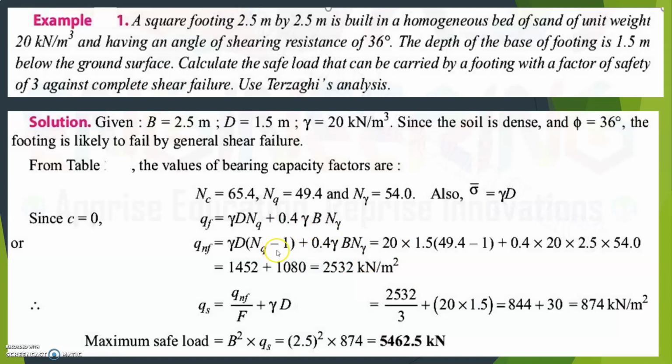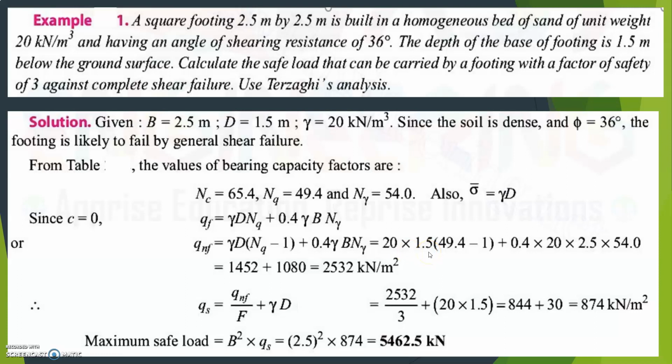So in this problem, I use this formula. In the next problem, I use the other way. So directly you can write QNF equal to gamma D (NQ minus 1) plus 0.4 gamma B N gamma. Substitute the values. Gamma is equal to 20.